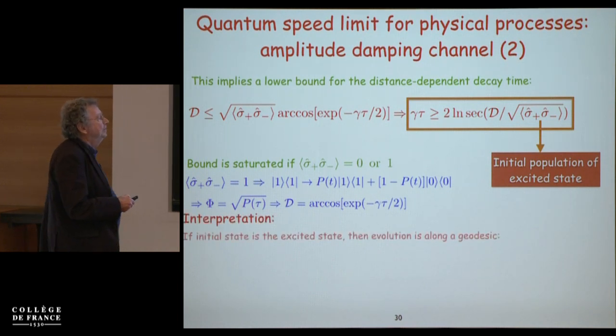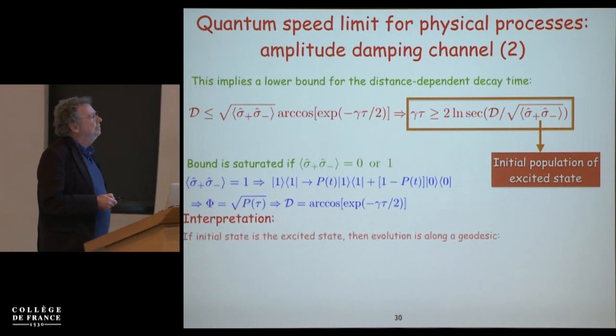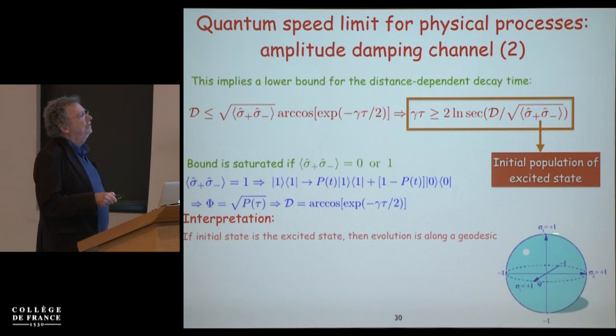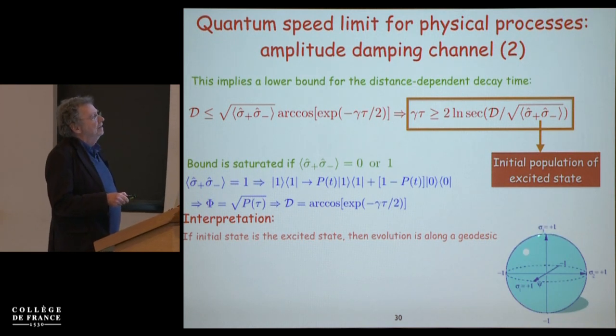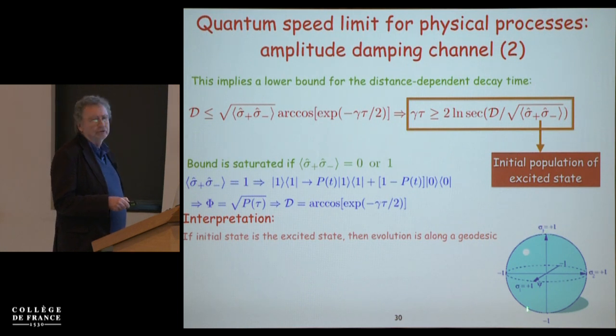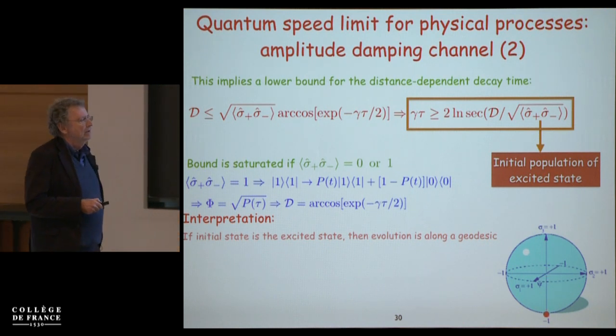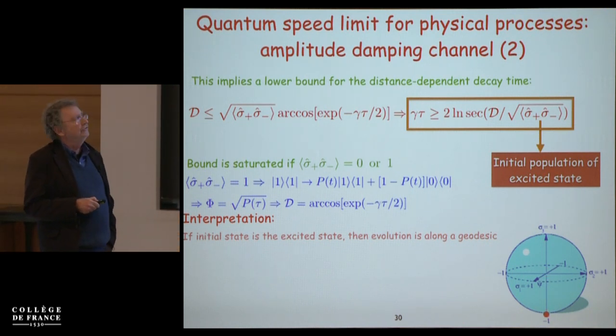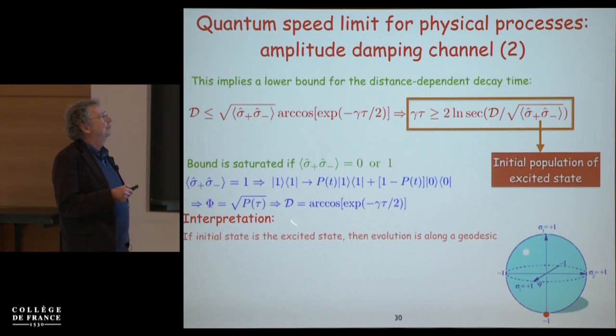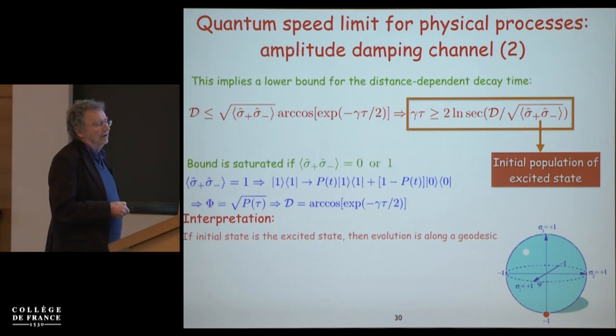Now, interpretation of this bound: if the initial state is an excited state, then you have the amplitude damping channel, and the evolution is along a geodesic. So the evolution is like this. And because it is along a geodesic, you saturate this expression. Okay? Also, you can use this expression for several aims.